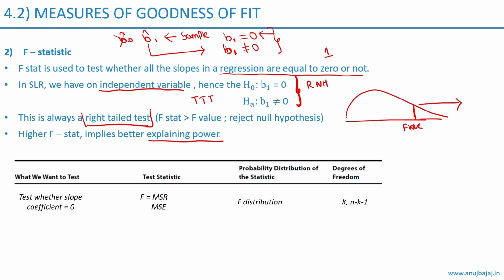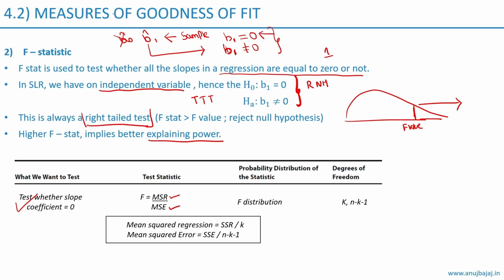So in this hypothesis test, we want to test whether the population slope coefficient is equal to 0 or is different than 0. And this is the formula of the test statistic. F equals the mean squared regression divided by the mean squared error. The mean squared regression equals the sum of squared regression, that is the explained variation, divided by k.